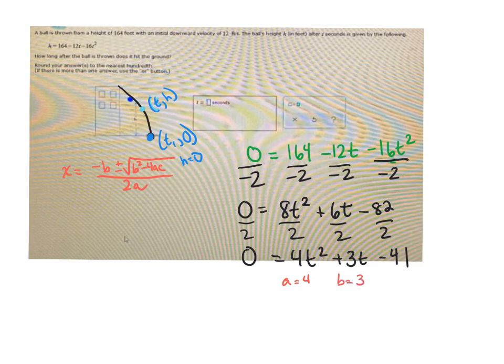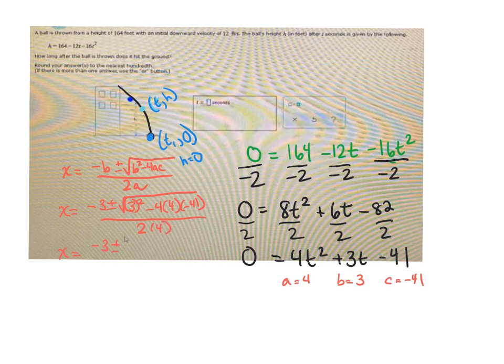Our b is 3, and our c is -41. So plugging in, we get the opposite of b, so that's -3 plus or minus the square root of (3) squared. I like to put b in parentheses because if it's negative, that will help us. Minus 4 times a times c, all over 2a, so 2 times 4.